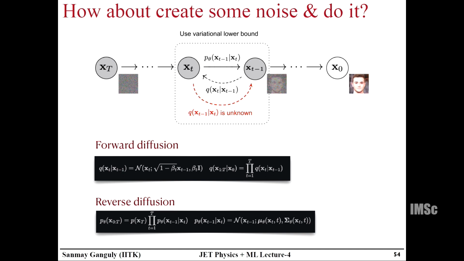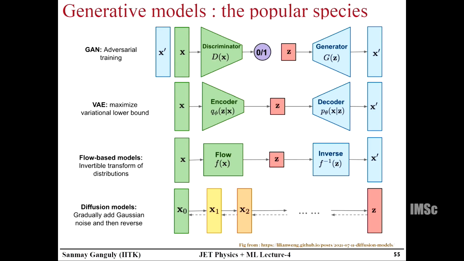Now there are mathematical understandings why it happens in such a fashion, but I just wanted to highlight that if you want to learn them, you may directly start with diffusion models, so on and so forth.